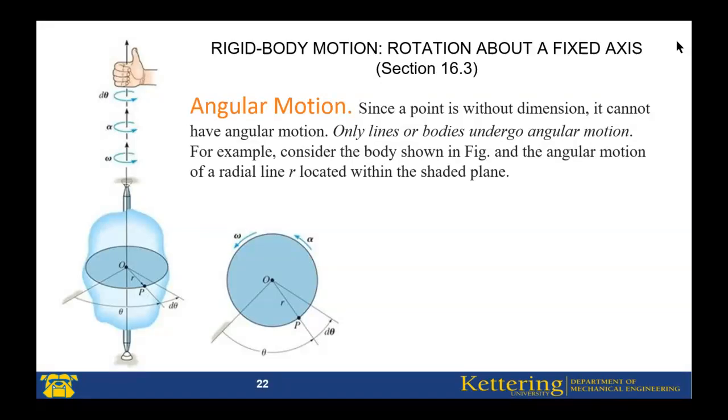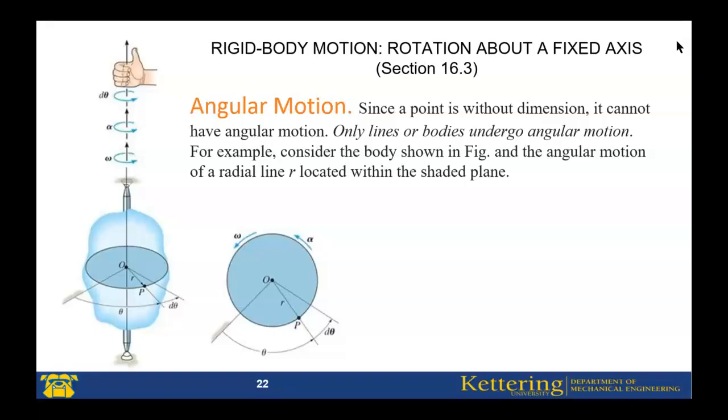As you remember, if I follow the path of one point on a rigid body, it moves along a circular path. If I connect the axis of rotation to the point P and it rotates, it covers this circular blue shade.